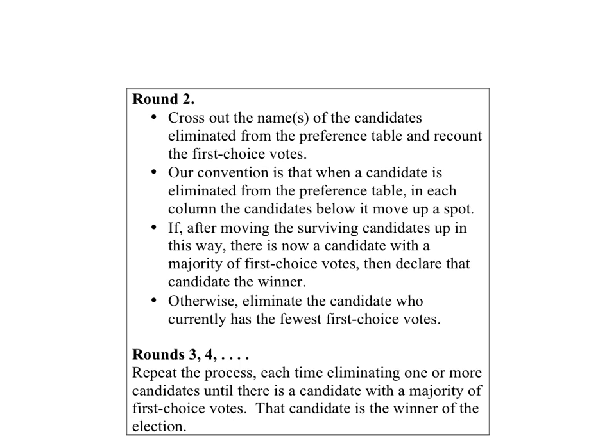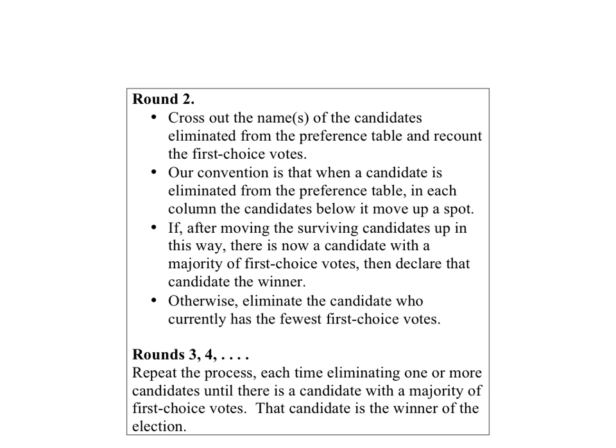So, great. Round 2. Well, and we did this before, crossing out the names of those candidates who had been eliminated. And now you do a recount of the first choice votes. That's what we did earlier. We tallied up anew how many first choice votes Coleman had as a result of Humphrey departing.